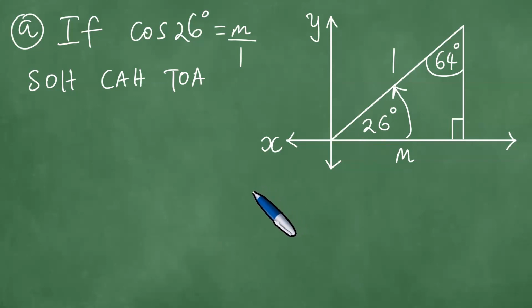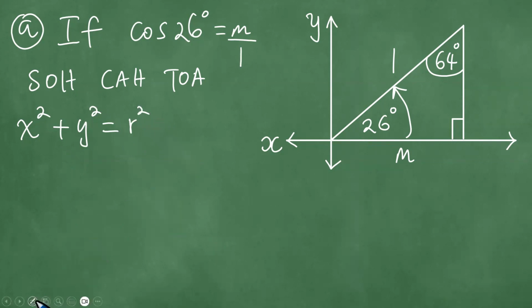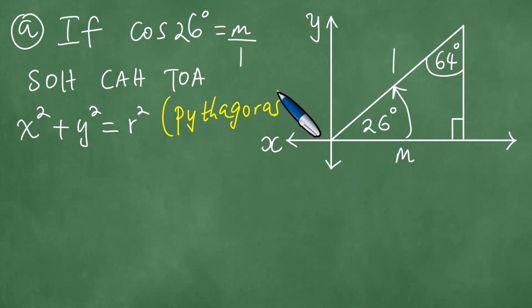We are left with one side of this triangle, and we're going to use x squared plus y squared equals r squared, which is credit to Pythagoras. Clearly this is our x, this is our r, and this is our y.